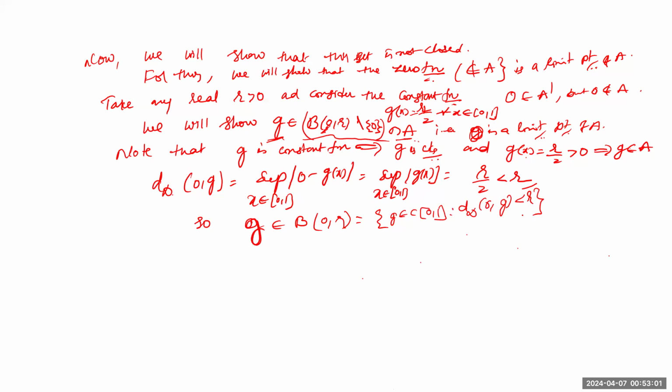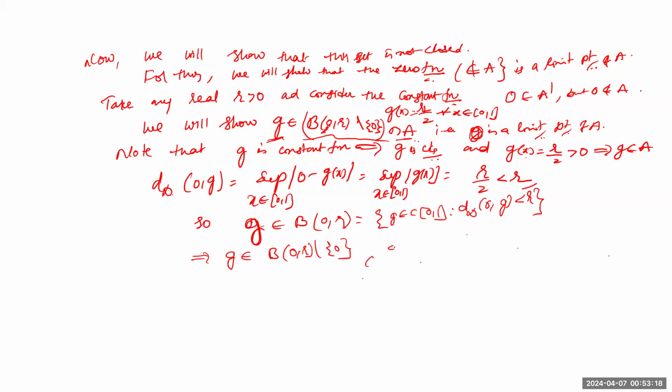So g is a member of the ball B of 0 comma r different from 0, right?